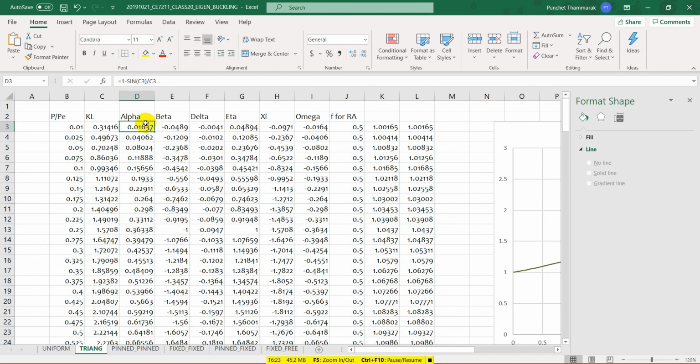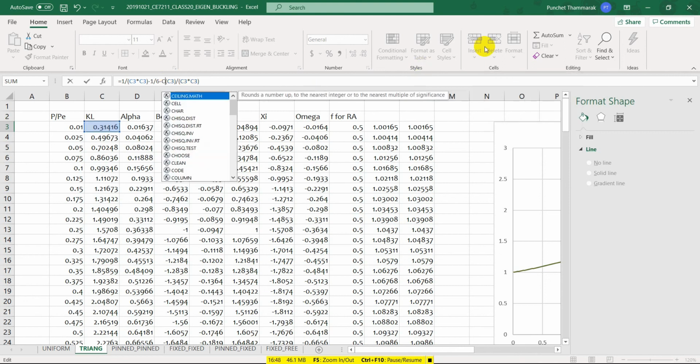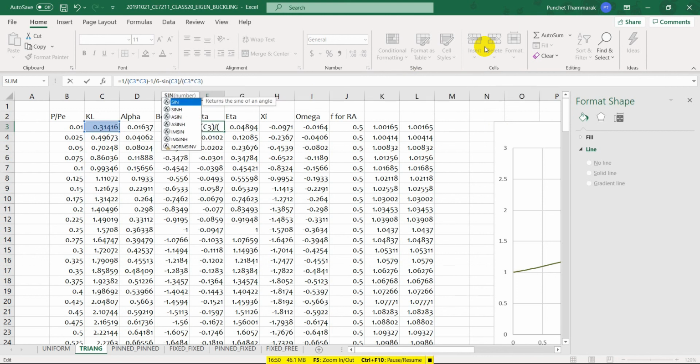Alpha is 1 over sine KL over KL. Whoa, no change. How about beta? Cosine minus 1. Oh, seriously? So delta is 1 over that thing, and then minus 1 over 6, and then sine over KL cube. Oh, so cosine turns out to be sine. Sine KL over KL cube.